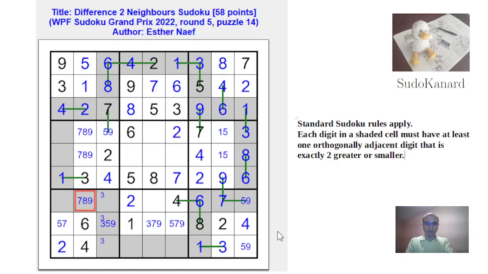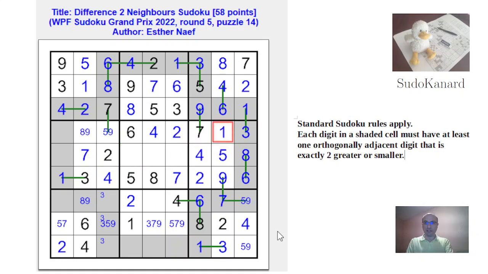This 7 now is not here, so we have a 7 somewhere here, but there's a 7 in this row. It has been since the beginning. On this row, 4 must be here. And this now includes a 1.